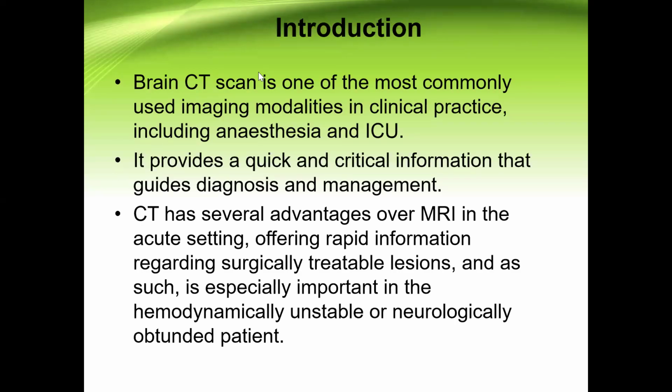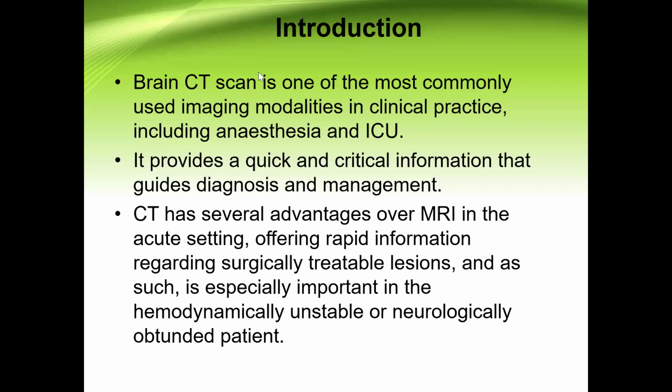Brain CT scan is one of the most commonly used imaging modalities in clinical practice, including anesthesia and ICU. It provides quick and critical information that guides diagnosis and management of emergencies. It has several advantages over MRI, especially in the acute setting, by offering rapid information regarding surgically treatable lesions.